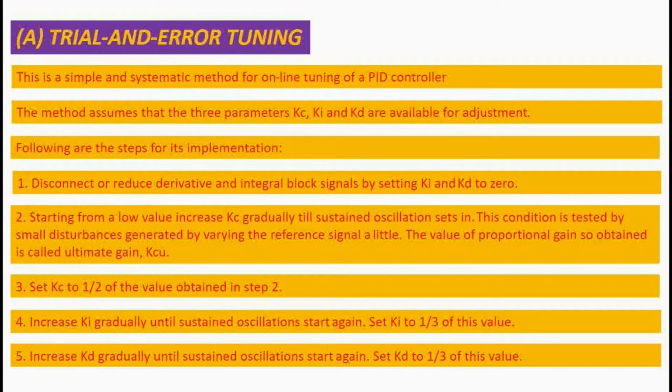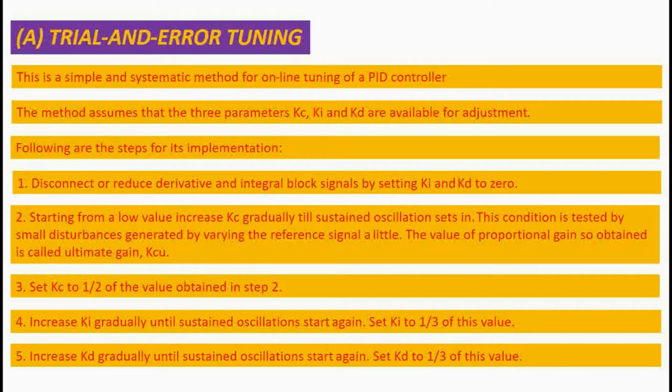In the next step, we will increase the I potentiometer gradually till sustained oscillation. And after obtaining the sustained oscillation, again we have to set the Ki value to 1/3 of the value at which the sustained oscillation is obtained. And after doing this, we go to the next step.